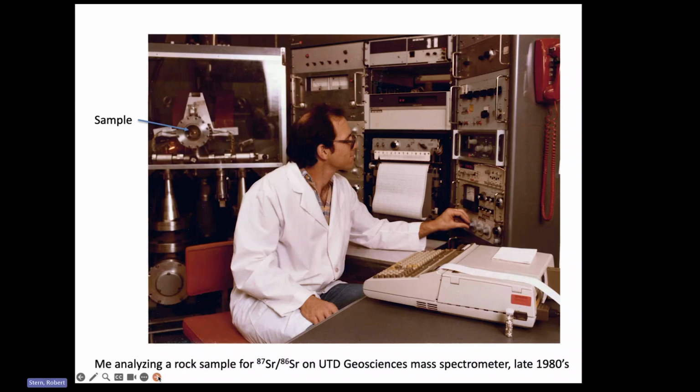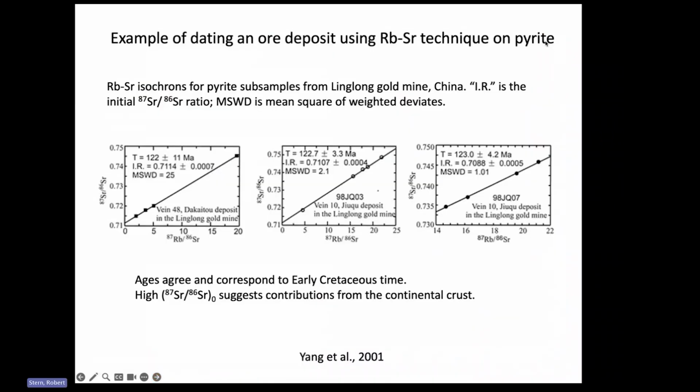All right, so in fact, we're using the rubidium-strontium technique to determine ages of ore deposits. So these are rubidium-strontium isochrons for pyrite subsamples from a gold mine in China. IR is this initial ratio we talked about, right?